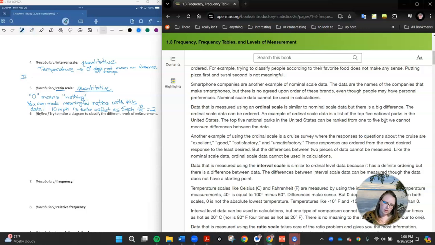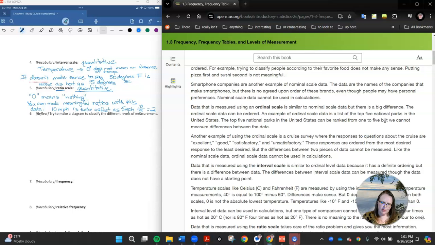So it doesn't make sense to say 30 degrees Fahrenheit is twice as hot as 15 degrees Fahrenheit.